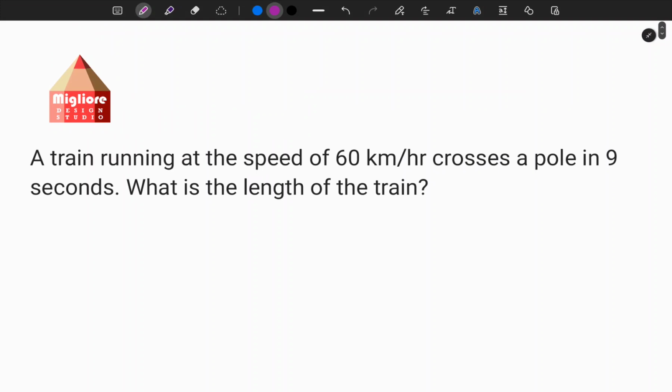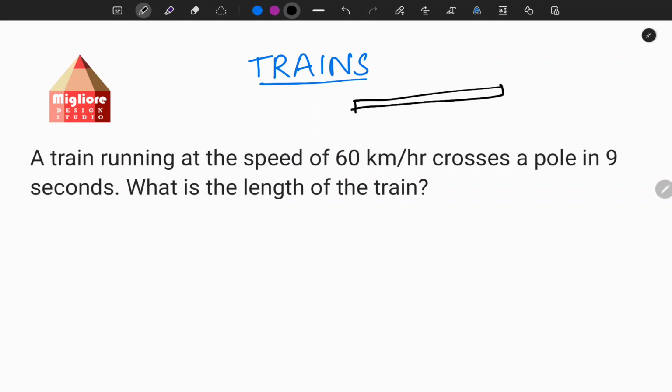So yeah, a train. So in train problems, what you need to remember is that you always have to take into consideration the length of the train as well. So you cannot be like, okay, this point crossed a certain pole, so my certain distance, so now my train has crossed the entire distance.